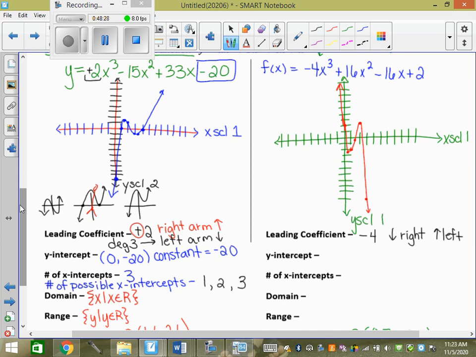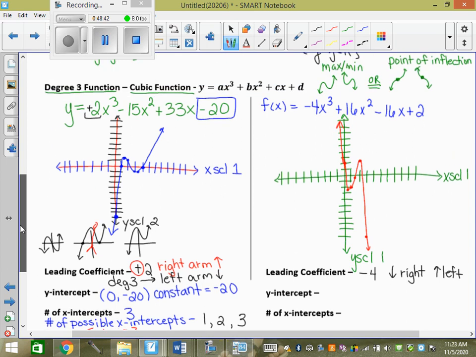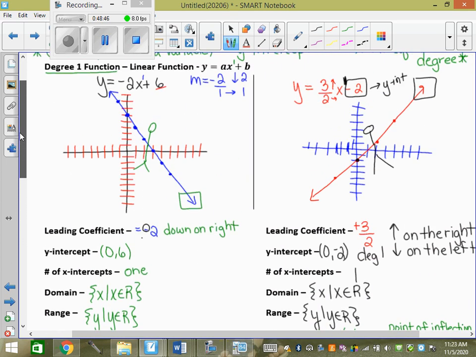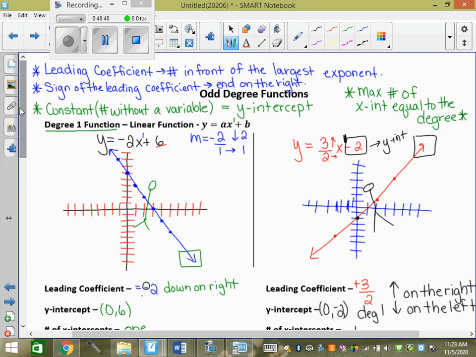Negative is down, positive is up, on the right. Your leading coefficient tells you how it ends on the right. Sign of the leading coefficient tells the end on the right. You should write that down if you did not.